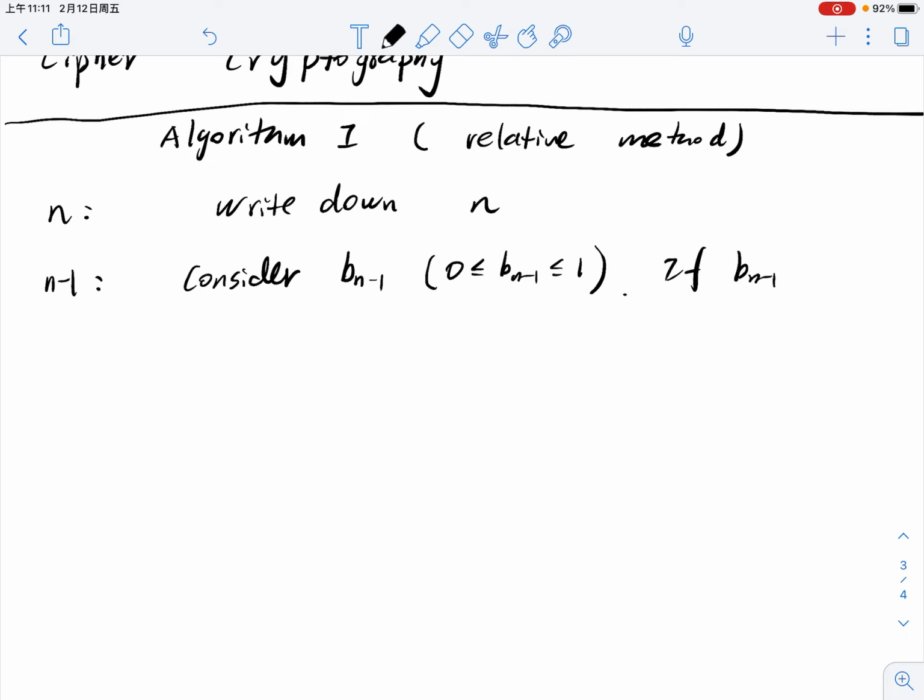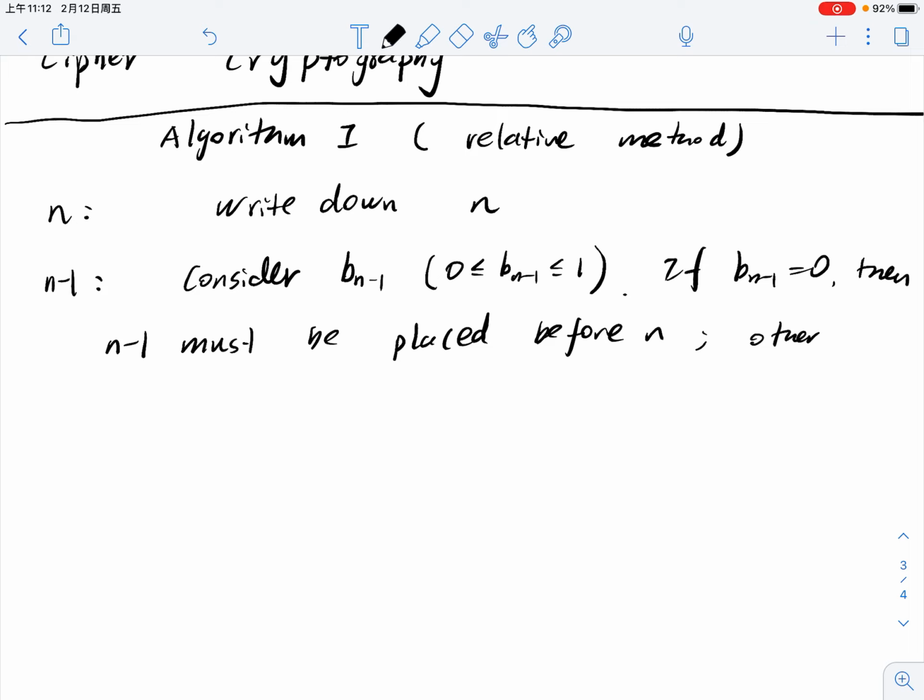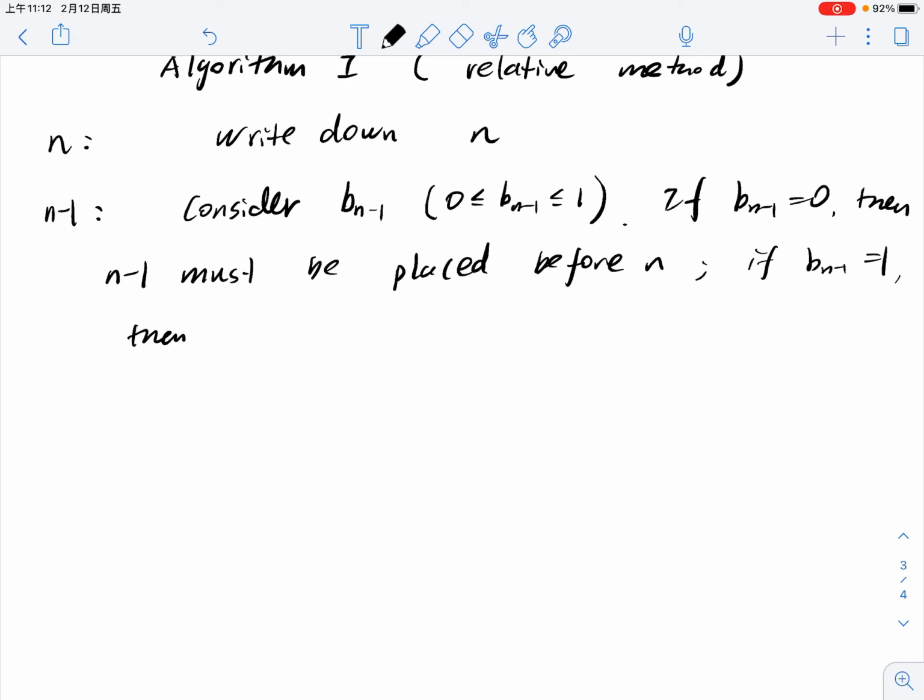So if this is 0, then n-1 must be placed before n. Otherwise, if Bn-1 equals 1, then n-1 must be placed after n.